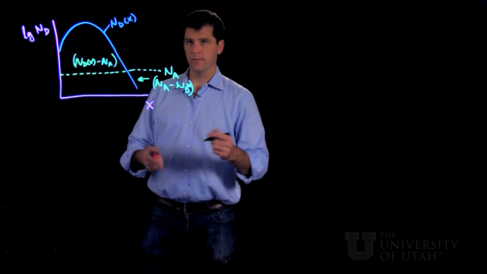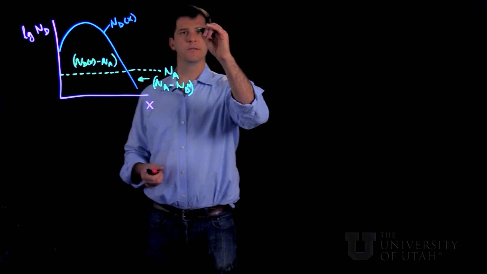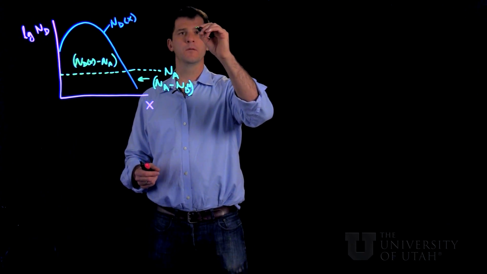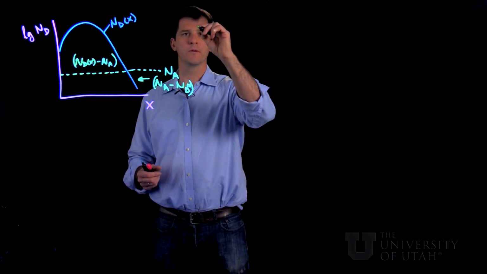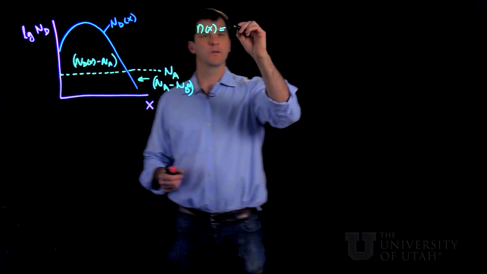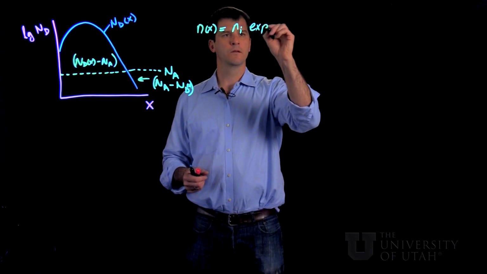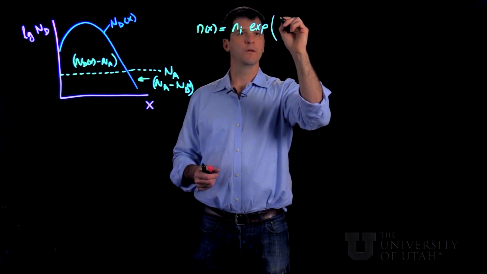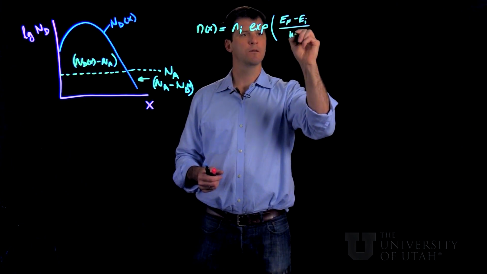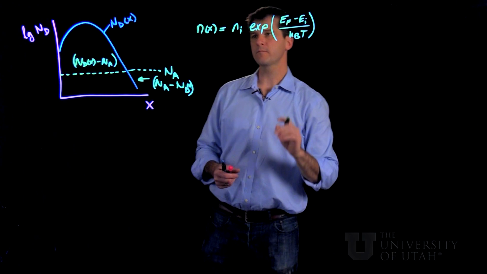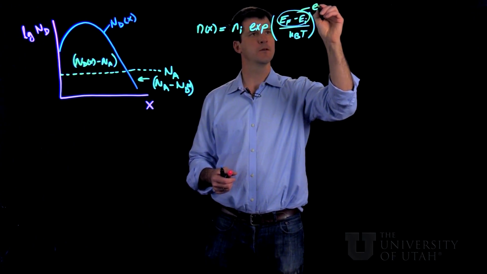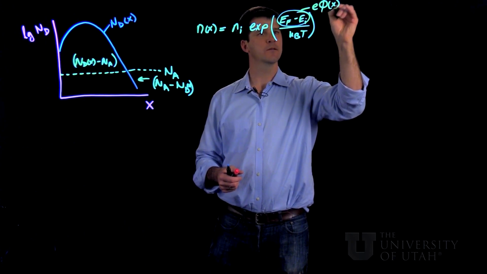Now, going back to our carrier number equations, we can determine the potential in both of these areas. So our n of x is going to equal ni exponential to the EF minus EI over kBT. And we can substitute in here for E phi of x.